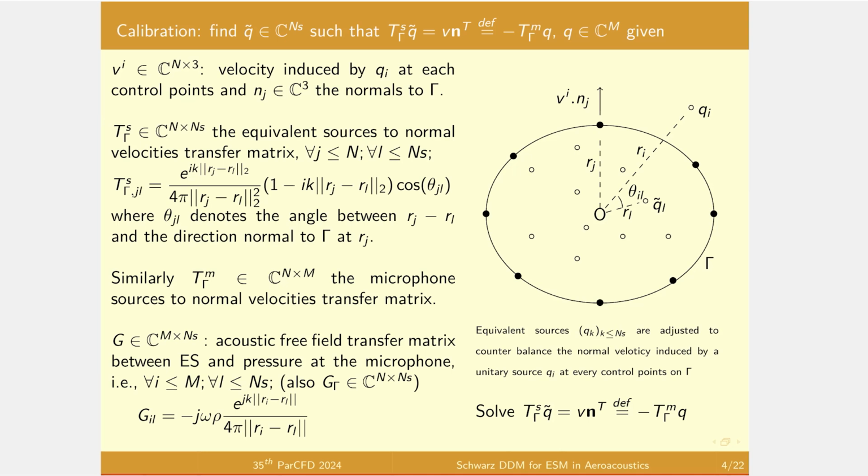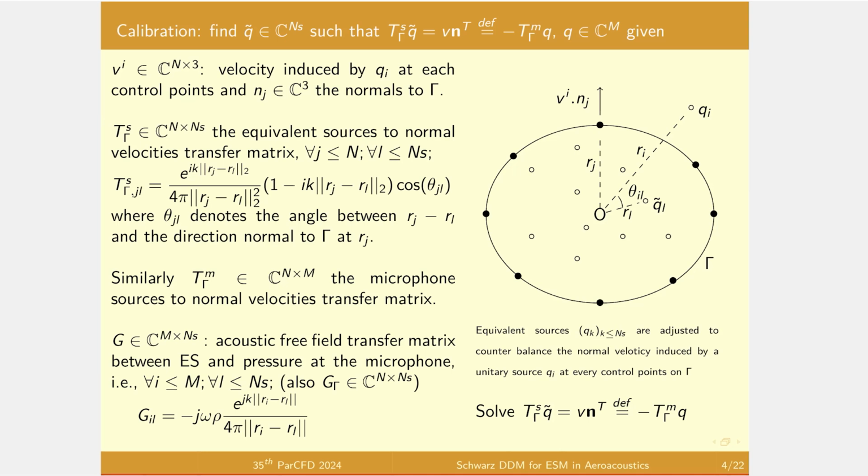So we have this equivalent source to normal velocity transfer matrix, T_SG, which has this form depending on the angle between the equivalent source and the node on the skin of the body, and we have the same for the transfer from the source to the velocity at the body. So we want to solve this linear system here.